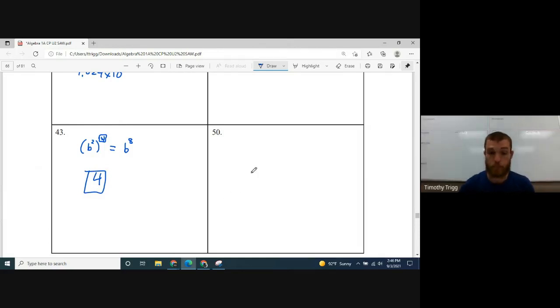50. Here we have 3x to the third, y to the blank, and then this thing to the power of the third equals 27x to the ninth.